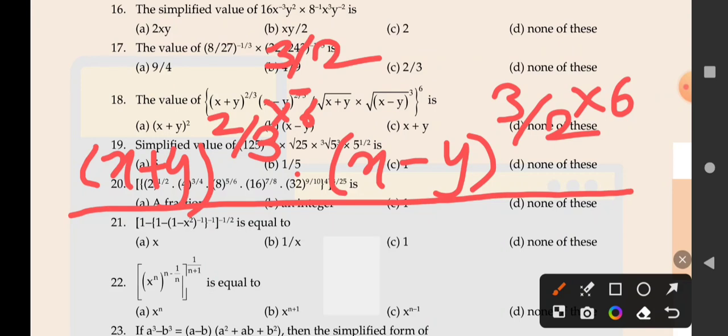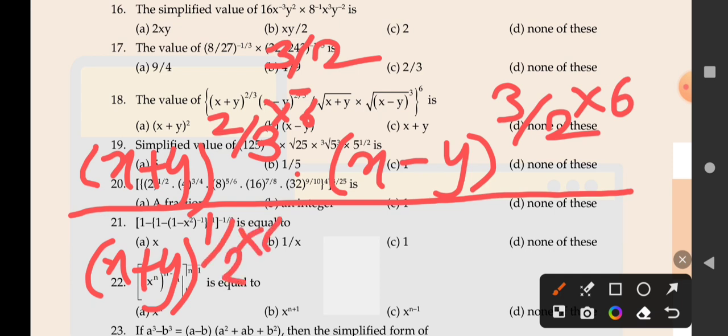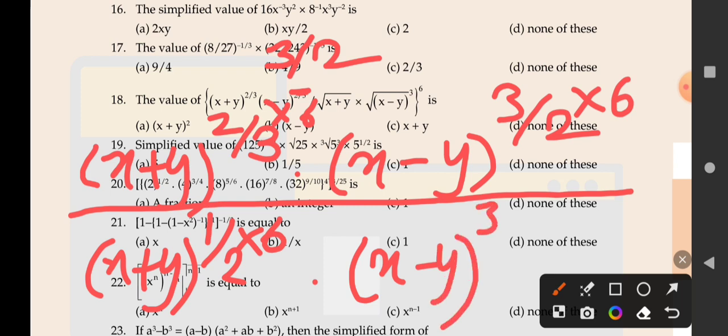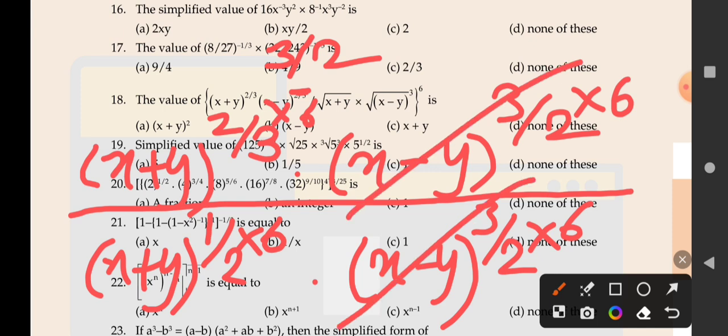Divided by x plus y, square root means whole raised to 1 by 2 into 6, multiplied by x minus y raised to 3 by 2 into 6. So you can see these both are same.